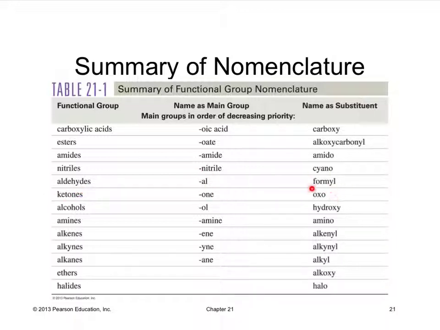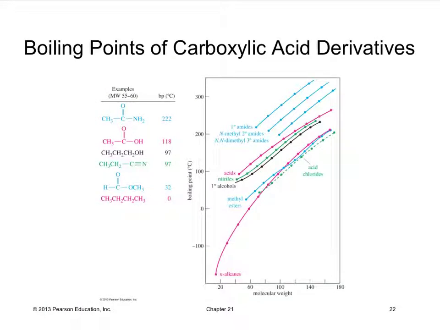Ketones are -one or oxo as substituents. Alcohols are -ol, hydroxy as substituents. Amines are amines or amino as substituents. Alkenes are -enes or alkenyl as substituents. Alkynes are -ynes or alkynyl as substituents. Alkanes are -anes, alkyl as substituents. For esters it's alkoxy, and for halides, it's halo.